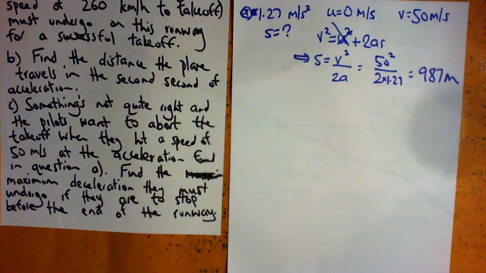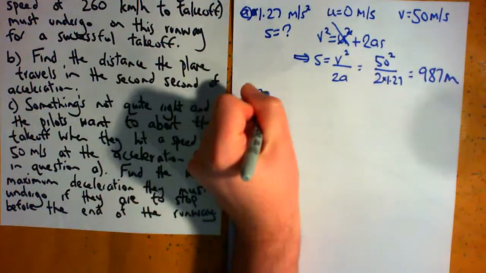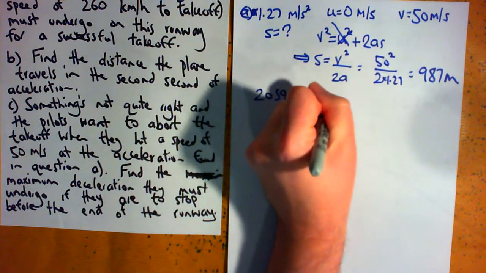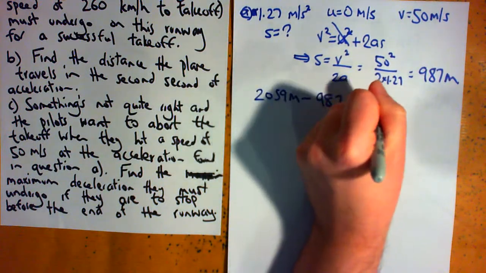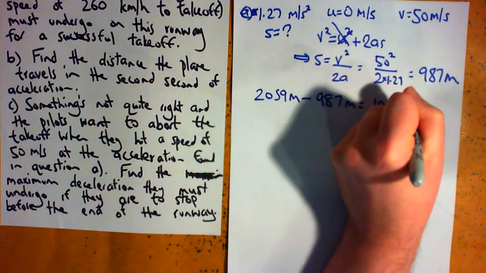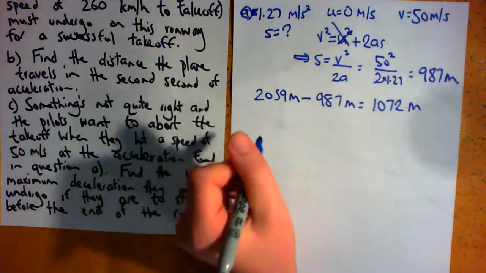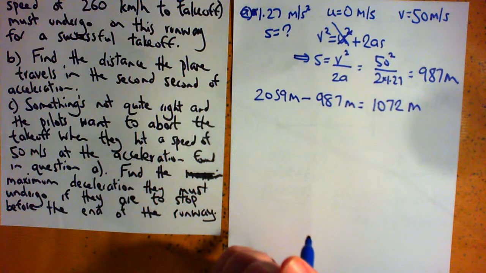So the amount of runway left would be 2,059 metres minus 987 metres, which gives you 1,072 metres, and the plane would need to be able to stop within that distance. Okay, so now we're looking at the plane coming to a stop.